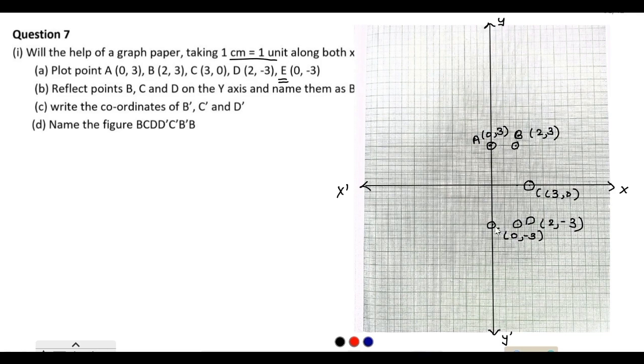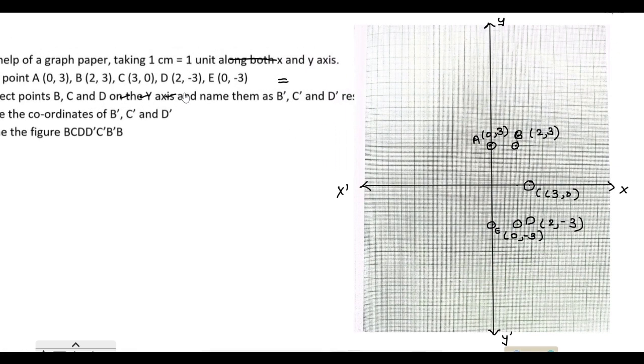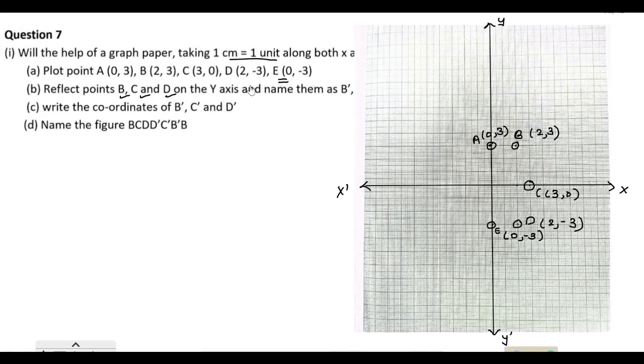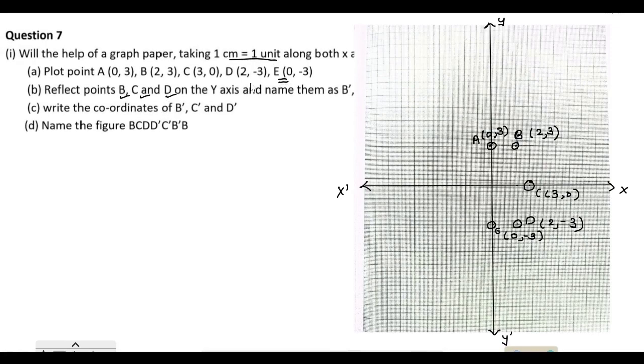Now second part, reflect point B, C and D on y axis and name them as B dash, C dash and D dash respectively. We have to reflect on the y axis.